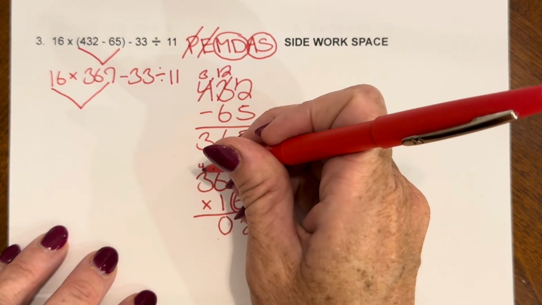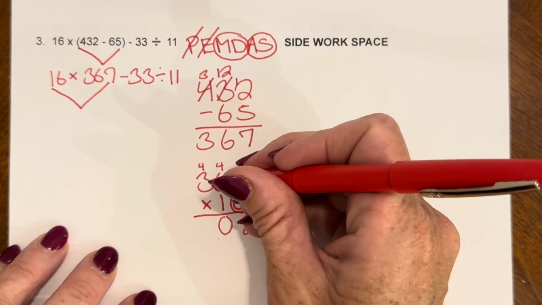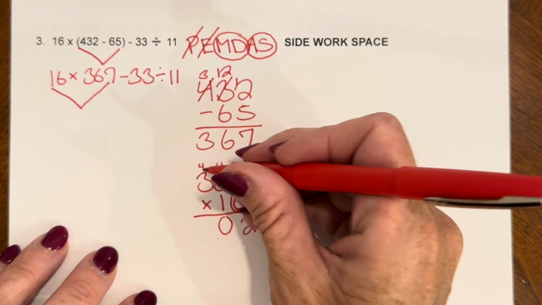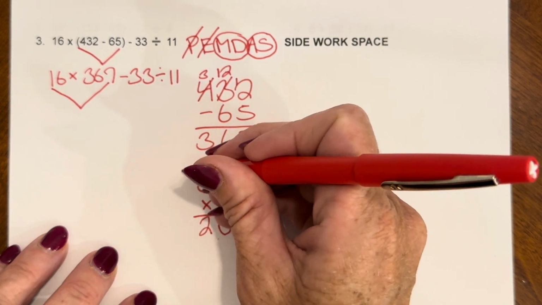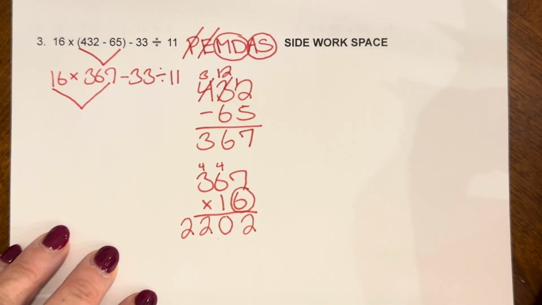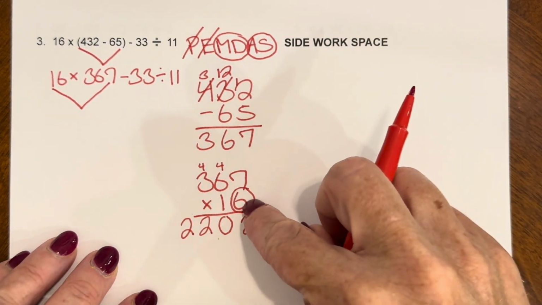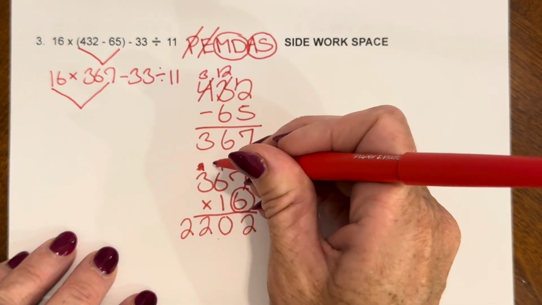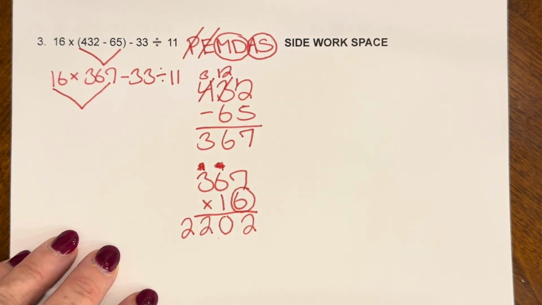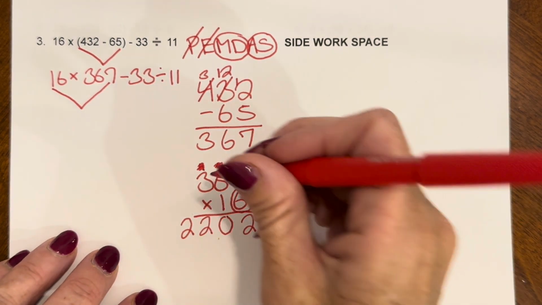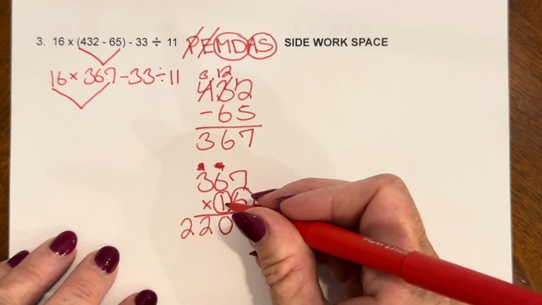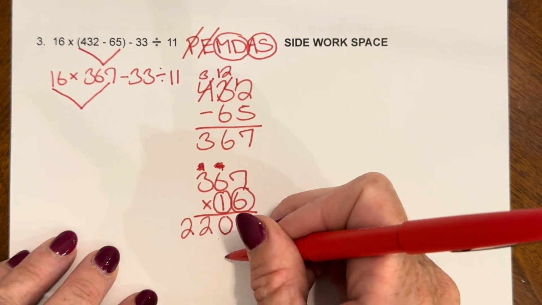So I'm going to carry my 4. 6 times 3 is 18 plus 4 is 22. So I'm going to carry my 2, but there's nothing to carry it to, so I'm going to bring it down. I'm done with the 6 digits, so I'm going to cross those off so I don't accidentally reuse them. And I'm going to move on to the 1. When I multiply with the 1, remember the answer has to go under the 1.